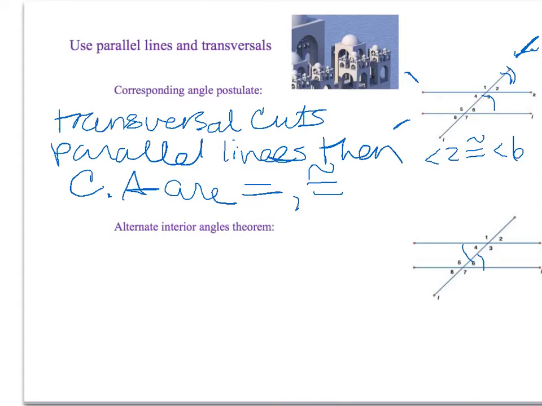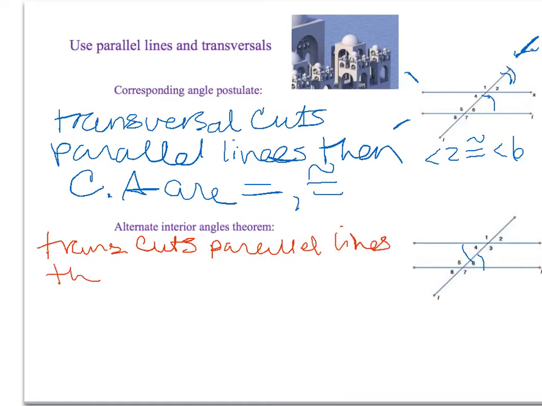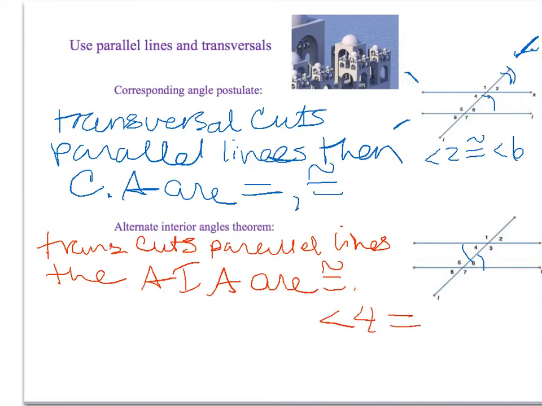Pretty much, if the transversal cuts parallel lines, then the alternate interior angles are congruent. So angle 4 is congruent to angle 6.